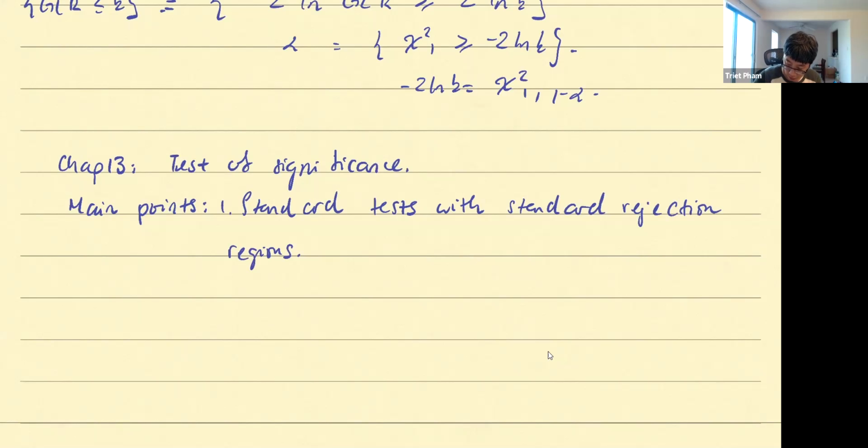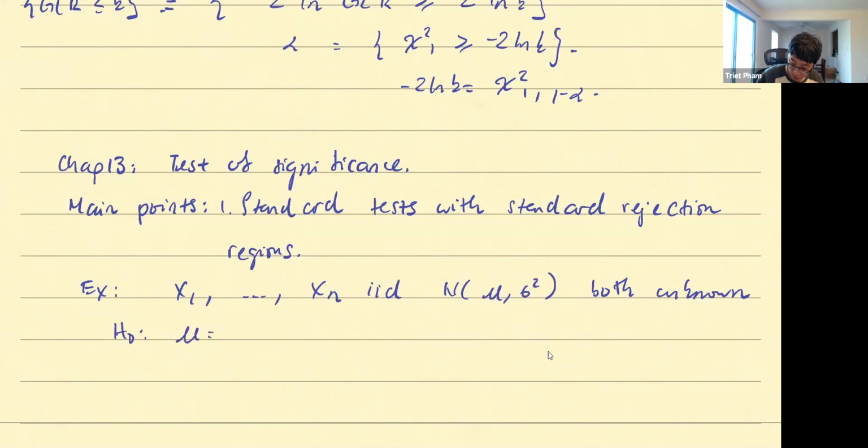For example, x1 up to xn are IID normal, mu, sigma square, both unknown. And then you have the null, mu equals mu 0, against the alternative, mu not equal to mu 0.